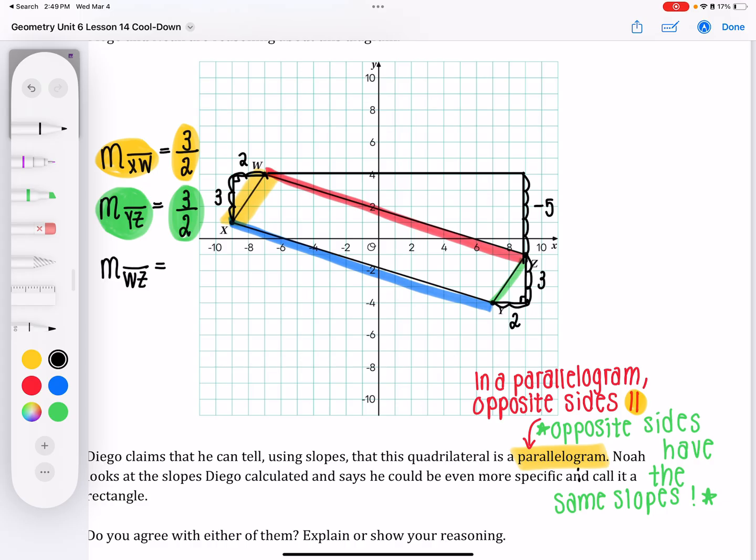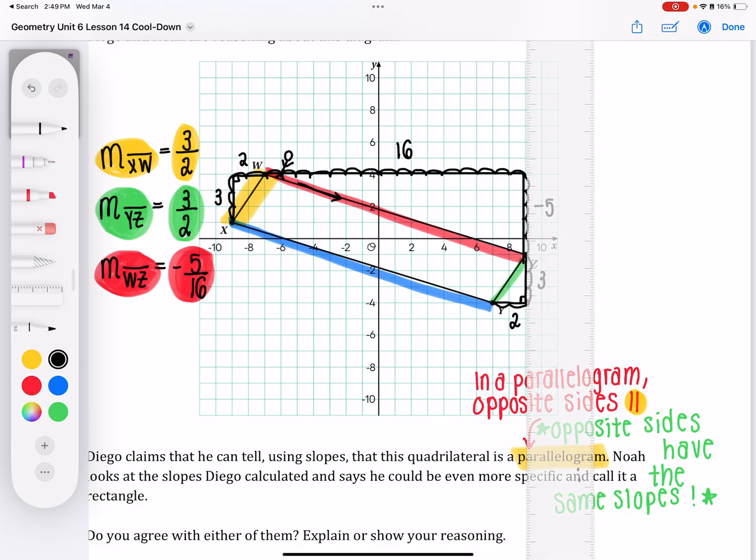And I'm going to calculate the run: 3, 4, 5, 6, 7, 8, 9, 10, 11, 12, 13, 14, 15, 16. So I have a slope of negative 5 over 16. So this was my red line segment. And I know it's a negative slope because if I put my person on the left-hand side, it's sliding down.